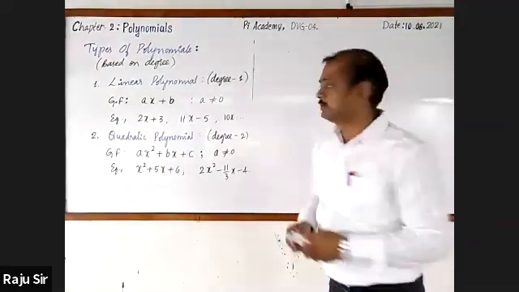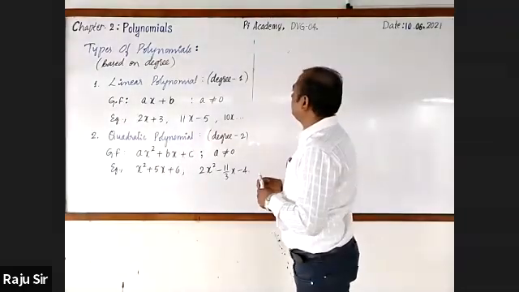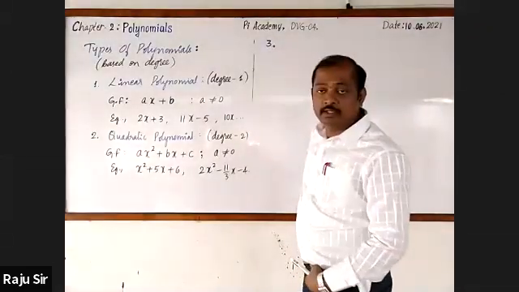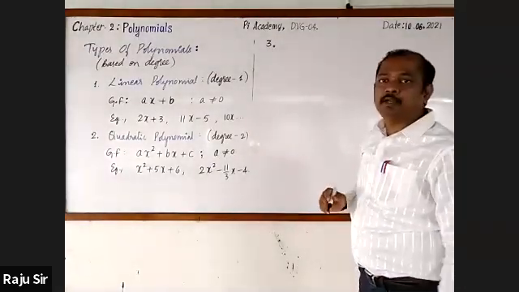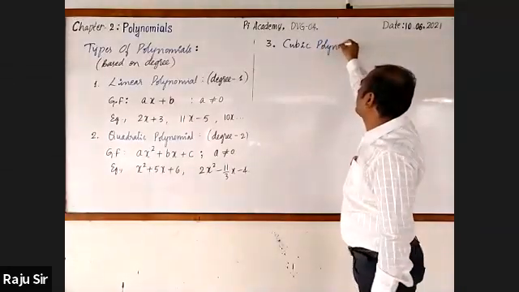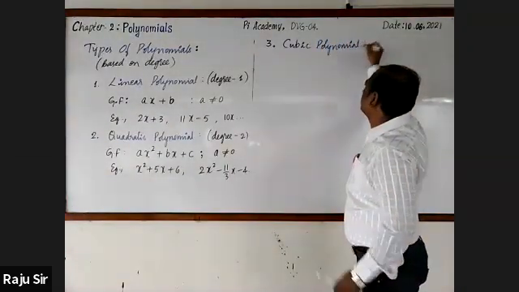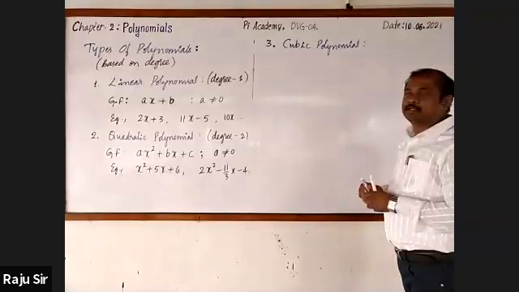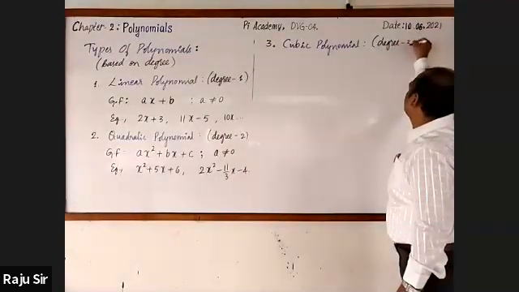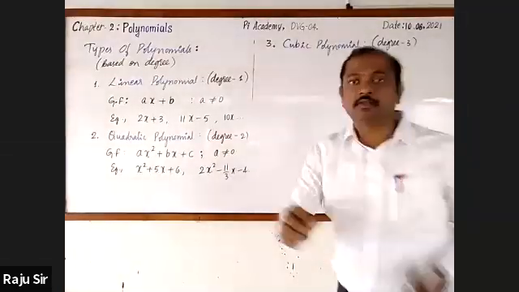Next, third one, a polynomial of degree 3 is cubic polynomial. In brackets, you may write it as degree 3.